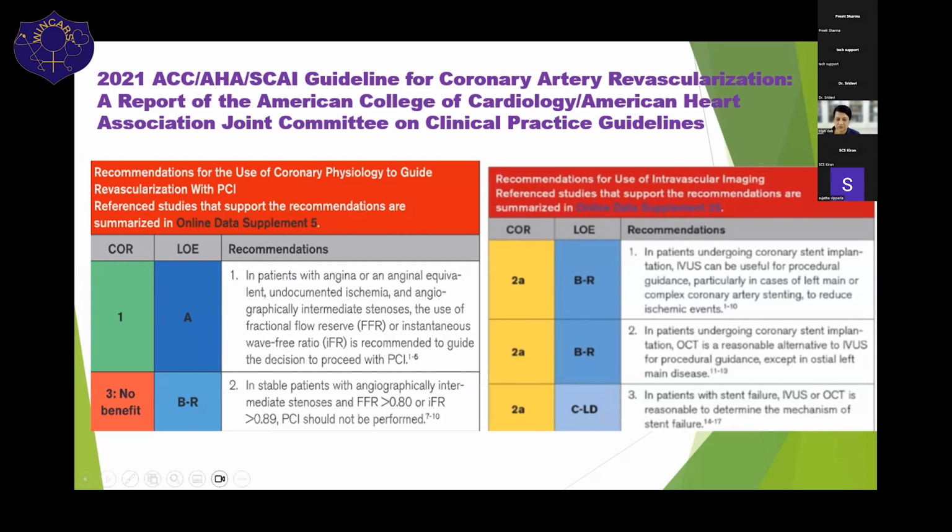I will show you the slides where we can see how, when we use physiology, the benefit passes on to long-term benefit, as we all know from the multicenter trials. The recommendations for use of intravascular ultrasound and OCT imaging techniques are 2A, and the decision should be taken by scenario. Nowadays, it is unanimously taken as a positive sign to do the imaging as well as the physiology for each and every case.